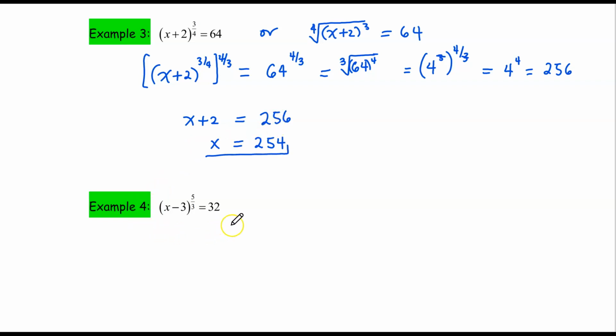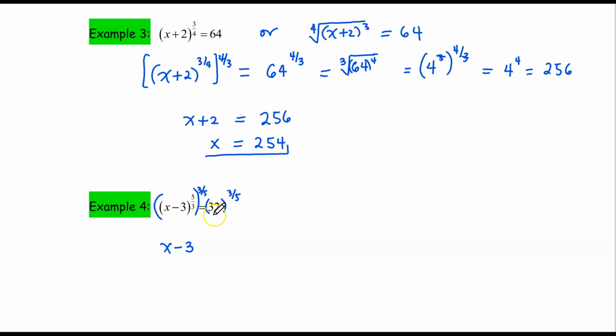Now, example number 4. To solve this, we will just have to raise both sides of the equation by the reciprocal of the power here. We will have to raise both sides of the equation by 5/3. Then the left-hand side will be equal to x minus 3.